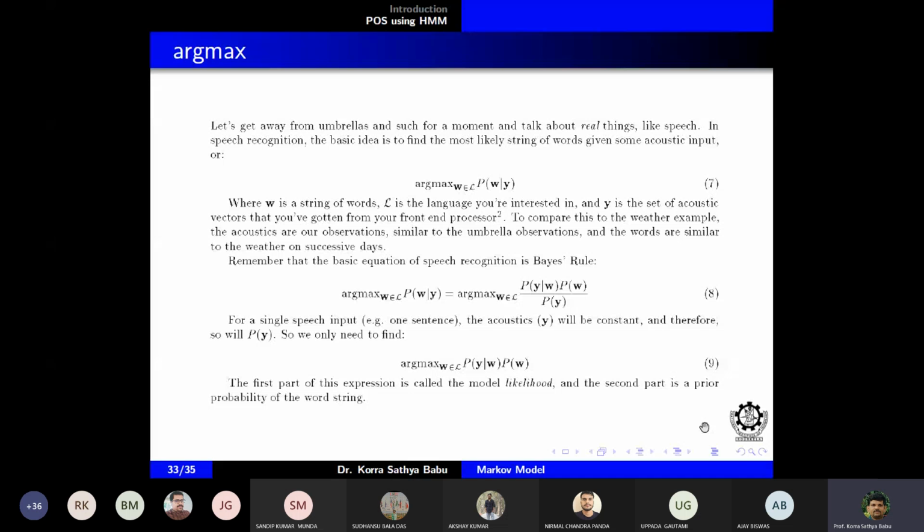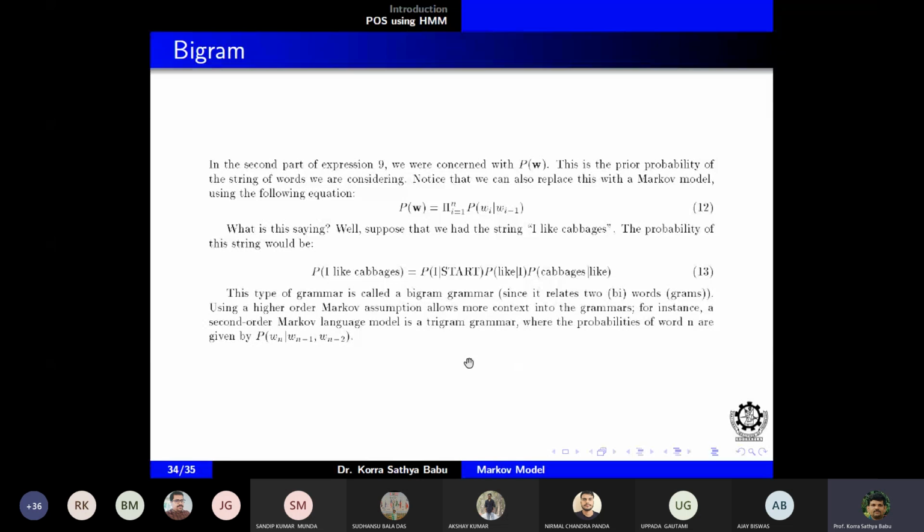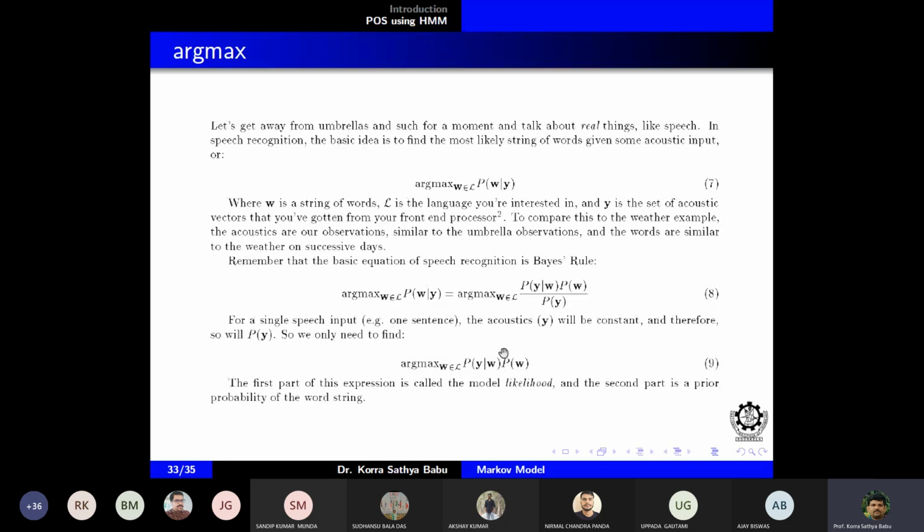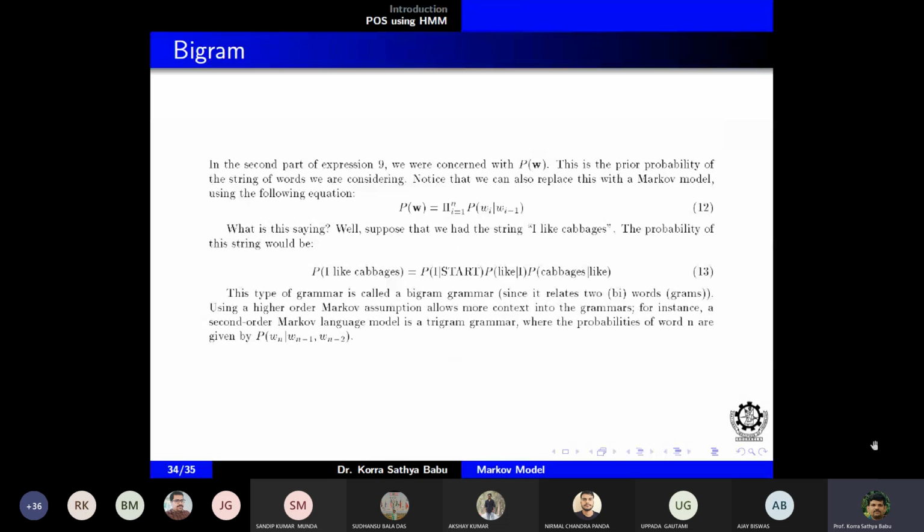Sometimes these two things are called the acoustic model, P of y given W, and the language model, P of W. The prior probability P of W is for the string of words we are considering, and we can replace it with a Markov model, as in the following equation: P of W equals the product for i equal to 1 to n of P of Wi given Wi minus 1.